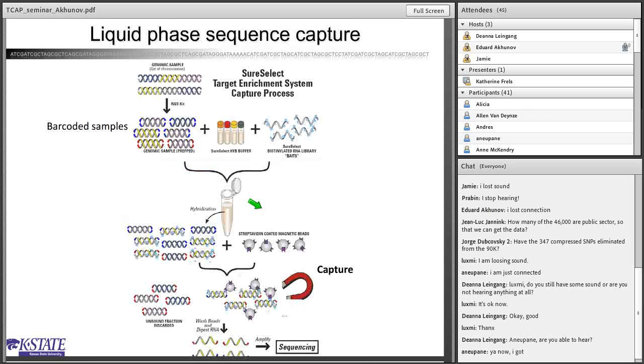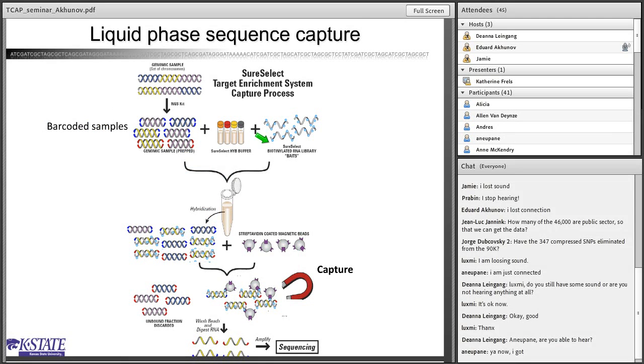And here you may see a more detailed explanation of how it is done in the case of the SureSelect enrichment system produced by Agilent. You take the genomic DNA and shear it into small fragments, and you may barcode your libraries using some kind of oligonucleotide barcoding system.